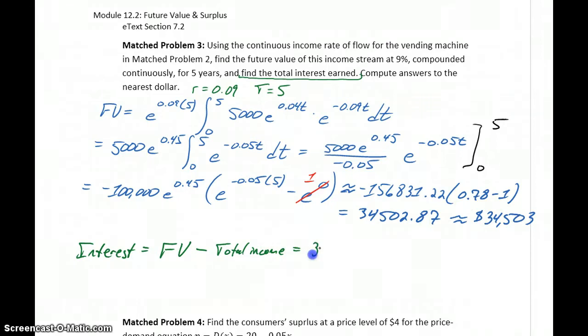So in this case, we've got 34,503. That's our future value. And then we need to subtract out the total income from the time period from 0 to 5. In match problem 2, we looked at from 5 to 10, but in example 2 of your textbook, they looked at this from 0 to 5.